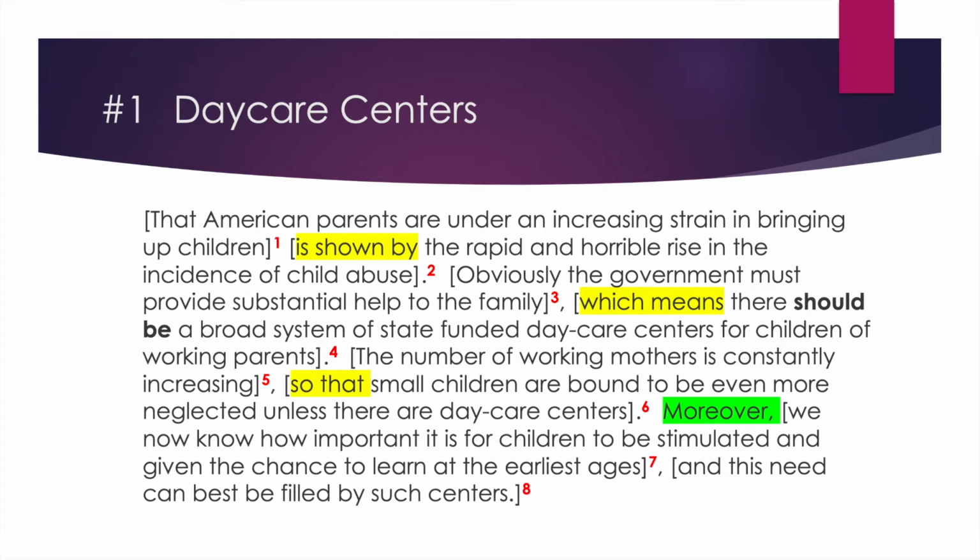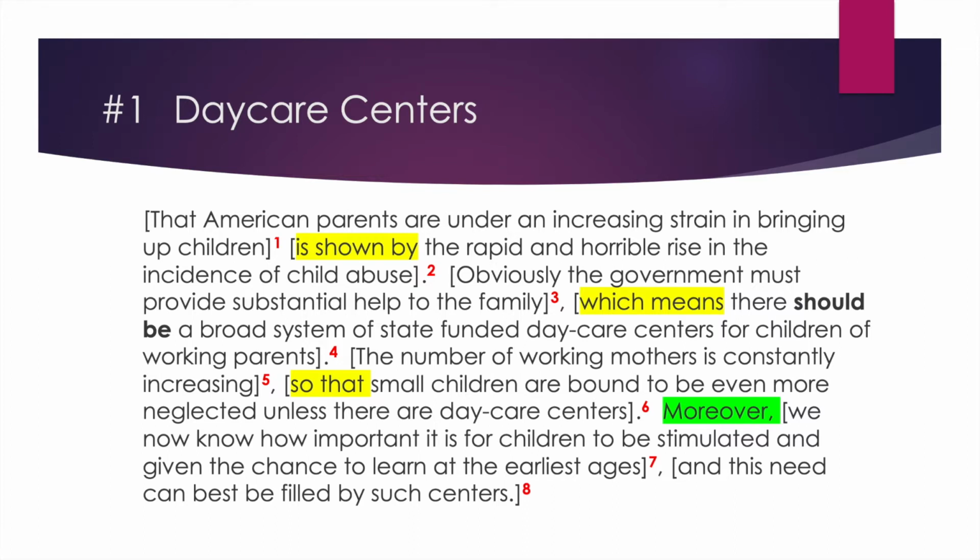Then we have the last sentence and 2 more assertions, but notice this last sentence begins with the word "moreover." Very often when we see the word moreover, that tells us that we're moving to a separate line of argument. So we want to think about that when we put together the diagram, that this is a separate line of argument leading independently to the conclusion.